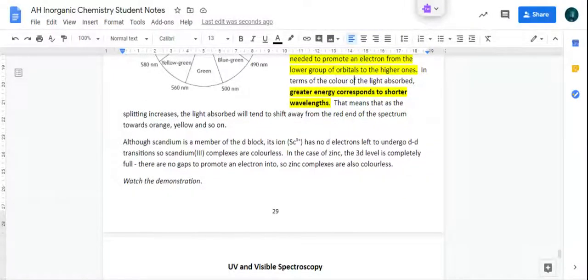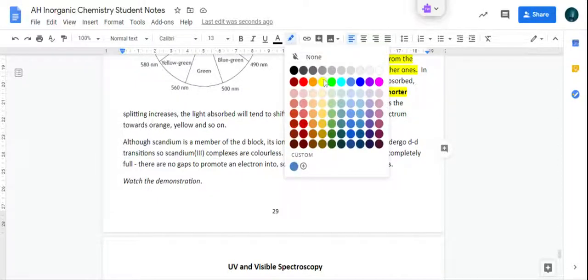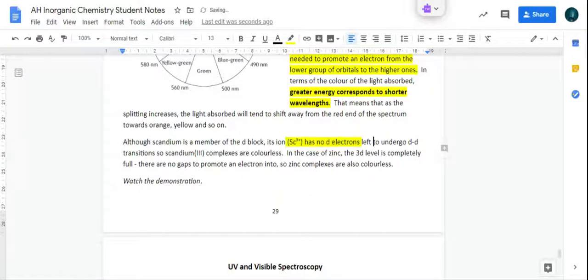Now, scandium is a member of the d block. It only has one ion, the Sc3+ ion. That Sc3+ ion has no d electrons. If you have no d electrons, then d to d transitions cannot take place, and so scandium-3 complexes are colorless. Zinc forms one ion, the Zn2+ ion.